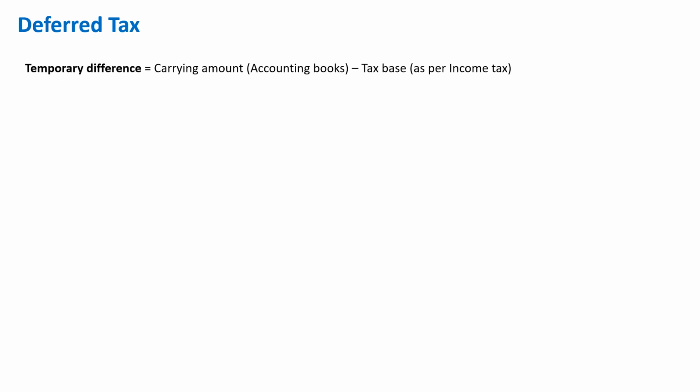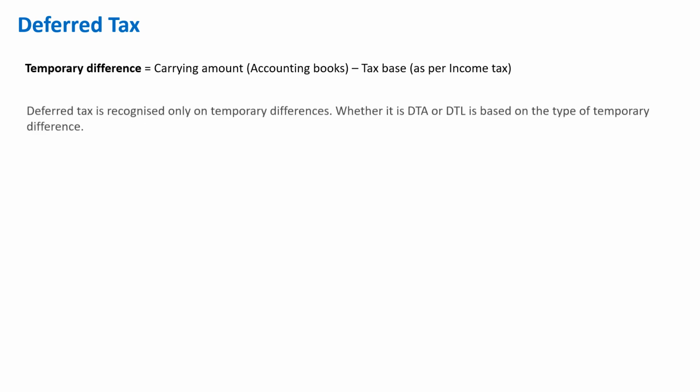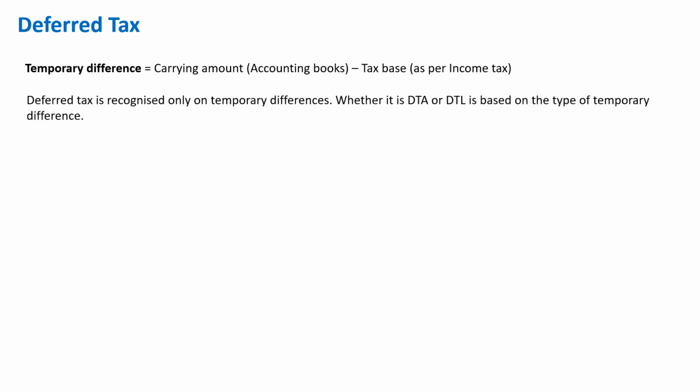Now let's try to understand how the deferred tax is calculated. Temporary difference, as we understood in the previous slides, is carrying amount, that is your accounting books, minus tax base as per the income tax. Deferred tax is recognized only on temporary difference, and whether it is a DTA, that is deferred tax asset, or DTL, deferred tax liability, is based on the type of temporary difference.